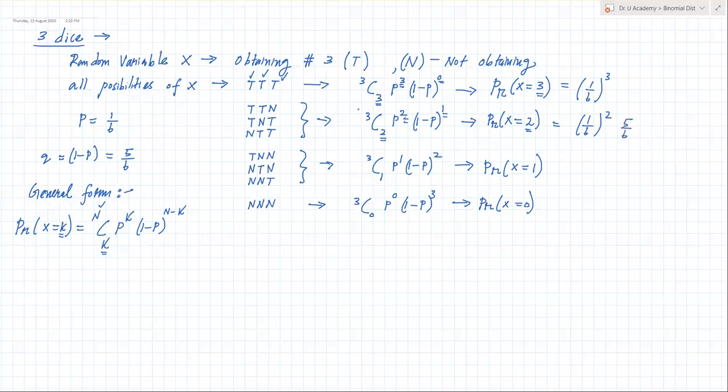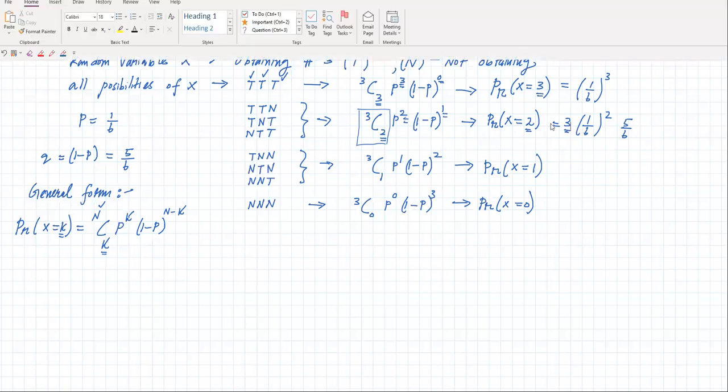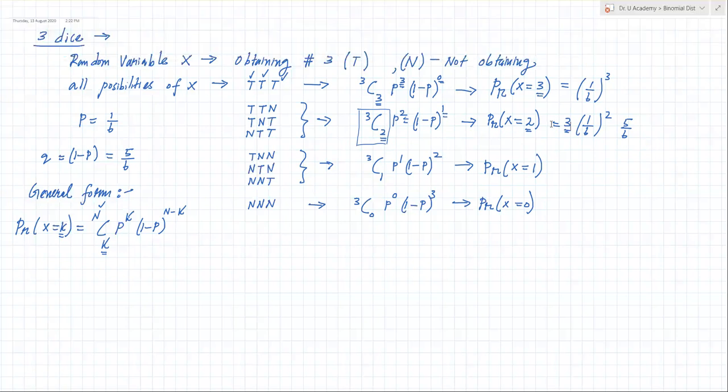Now when you calculate 3C2, you get 3 here. So why do you get 3 here? Who can explain that to me?